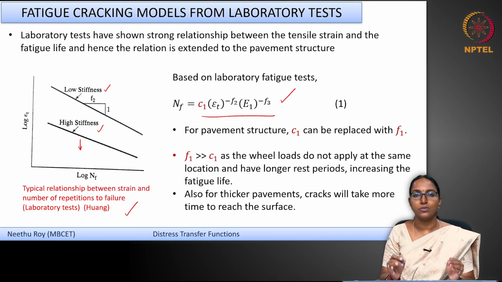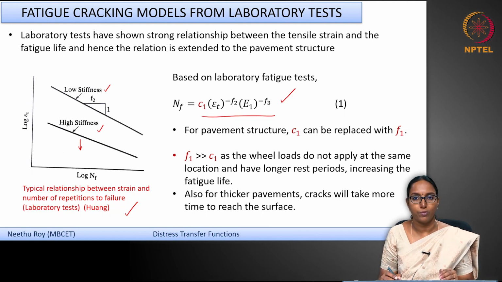Now, since this is a general form of fatigue equation for bituminous mixtures, when you consider the bituminous layer in the pavement structure, you can have a similar structure for the prediction of fatigue life.